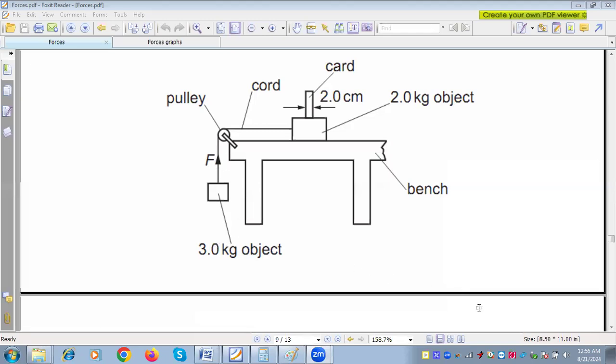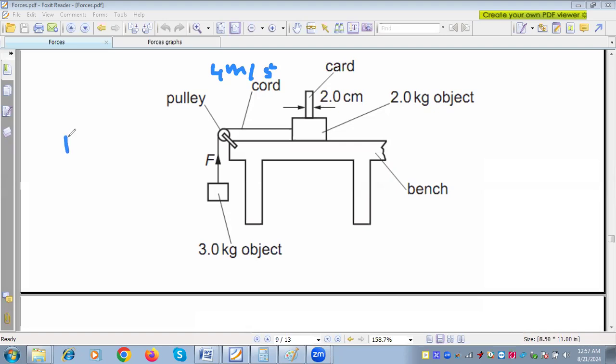Here you have to remember one thing, that is the acceleration, because both masses are attached. The acceleration given in the question is 4 meter per second square. So both objects are having the same acceleration. What is the resultant force on this 3 kilogram mass?